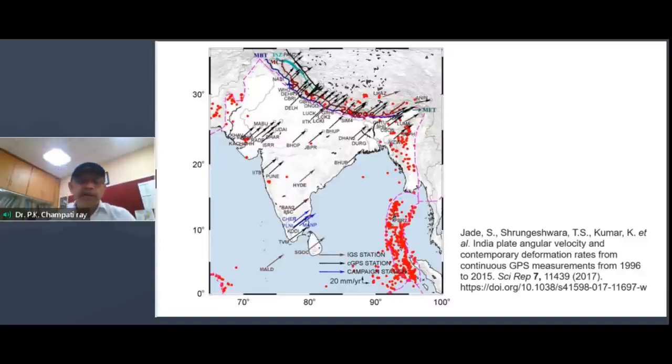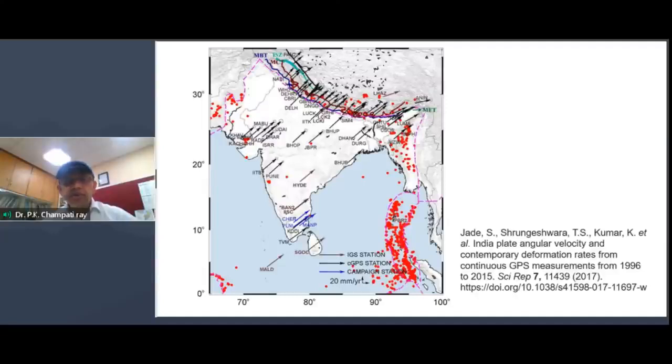Now, what you get here is some kind of a translational motion towards the north-northeast direction. That is because the Indian plate was somewhere along with the Antarctica plate, somewhere down south, closer to Antarctica. And in the last 70 million years, it has made a journey and come all the way to hit, to collide along the Himalayan arc with the Eurasia plate, resulting in the gigantic Himalayan mountains, which go up to 8 kilometers high.